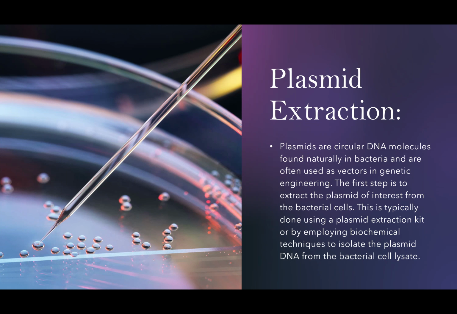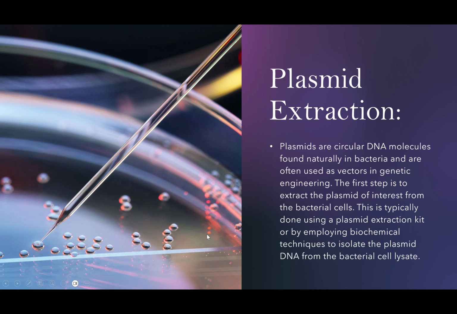So, plasmid extraction. Plasmids are circular DNA molecules found naturally in bacteria and are often used as vectors, carriers, in genetic engineering. The first step is to extract the plasmid of interest from the bacterial cell, and this is typically done using plasmid extraction kits, or by employing biochemical techniques to isolate the plasmid DNA from the bacterial cell lysate.